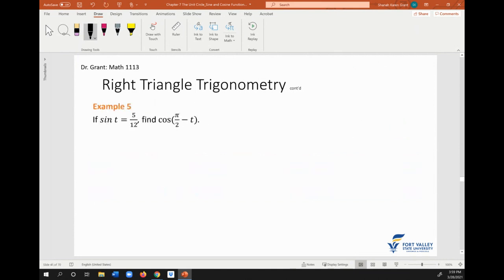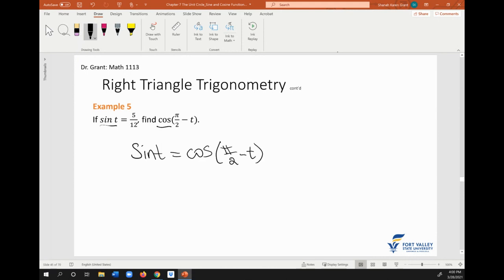So let's do some examples. If sine of t is 5 over 12, can we find cosine of pi over 2 minus t? Well, these two functions are cofunctions. So that means that sine of t must be equal to cosine of pi over 2 minus t.